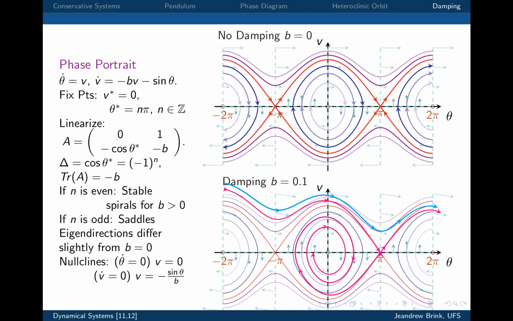Oops, sorry. If you take one that's lower than this one that hits the saddle, it's automatically going to go in here. So this is basically the phase portrait of the damped system that you've drawn using the conservative potential that you started with.